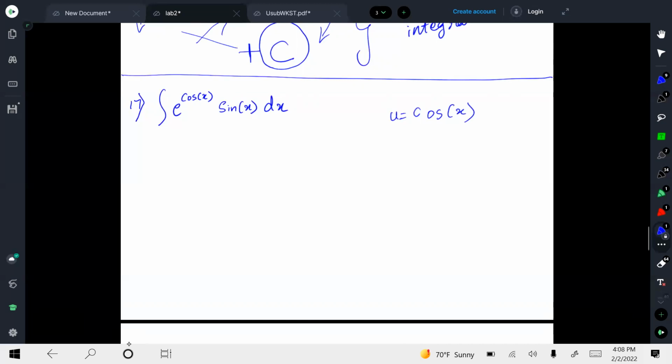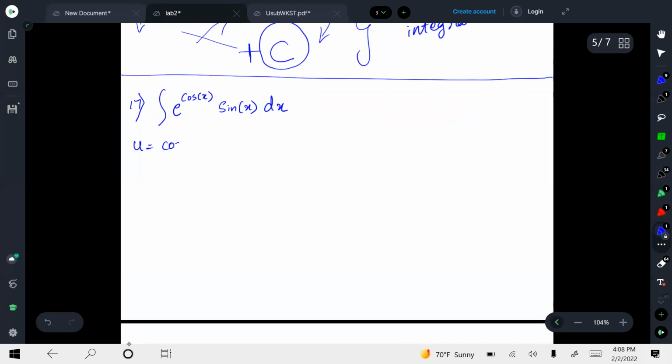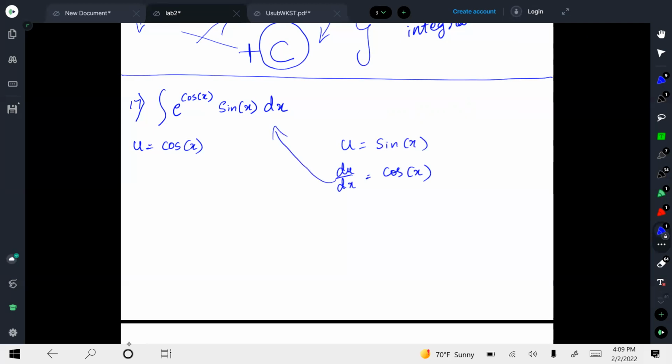Okay. So we have to take u as cos of x. That's because when you take a derivative, you will get sin of x. Then can I not take u as sin of x because I will get derivative of cos of x? Yes, you can take u as sin of x. Then what happens to derivative? That becomes du by dx, which gives you cos of x, right? I agree with that. But remember, when you substitute this back here, I want that cos of x to be cancelled.